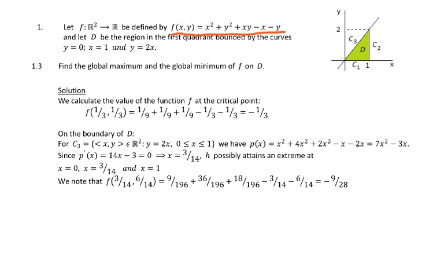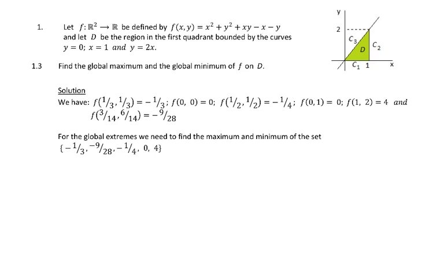We have already discussed the function value of f at the two endpoints, so the only new point of interest to us in this case is this point (3/14, 6/14). Remember, y is equal to 2 times x. We calculate the function value at this point as well.